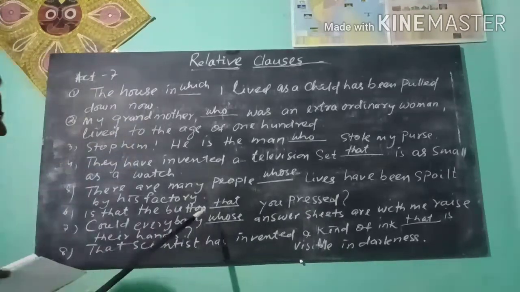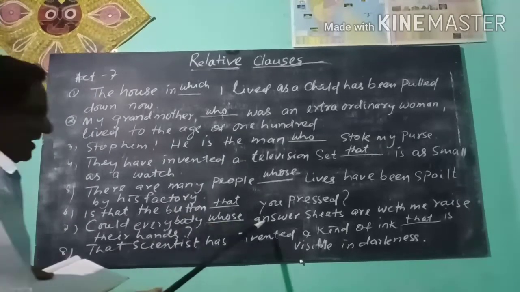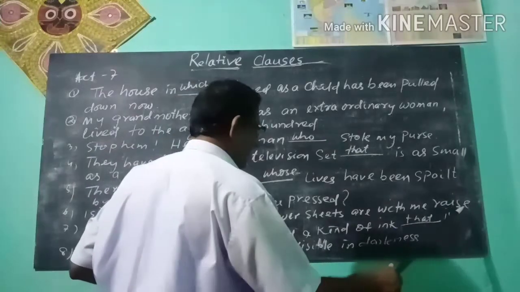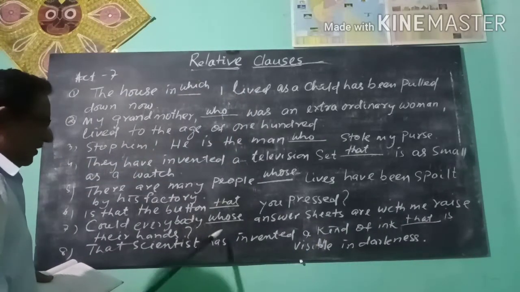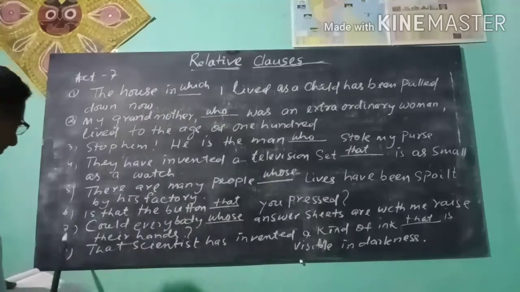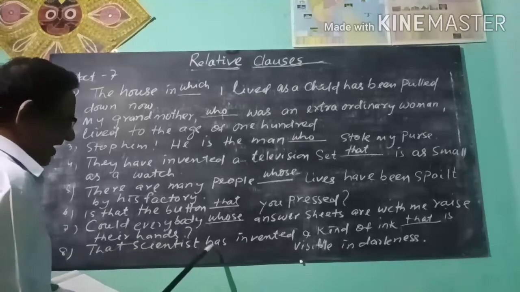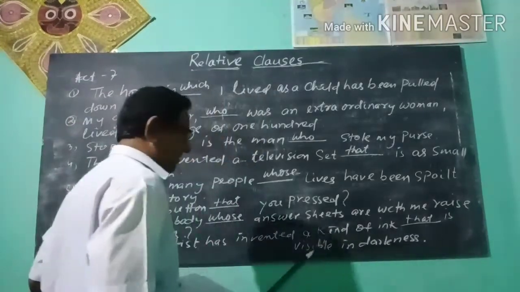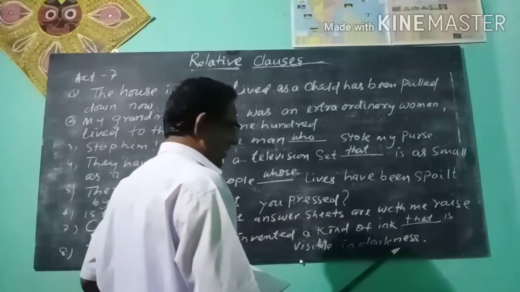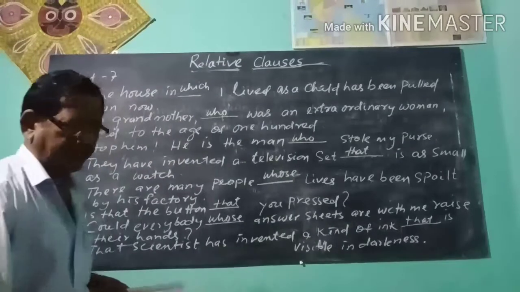Here, the relative pronoun that is used. Could everybody dash answer sheets are with me raise their hands? Here, the relative pronoun whose is used. Next, that scientist has invented a kind of ink dash is visible in darkness. Here, relative pronoun that is used.